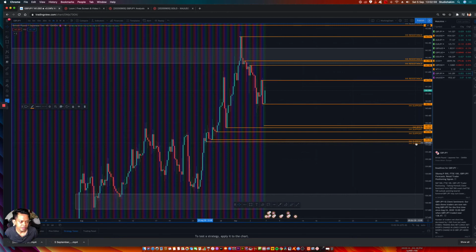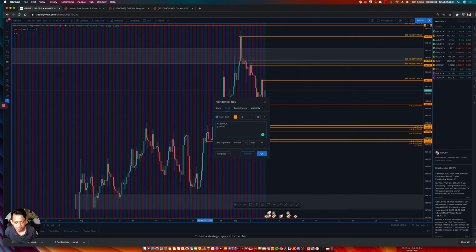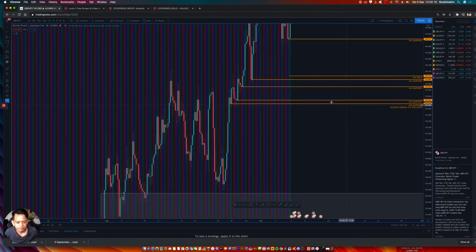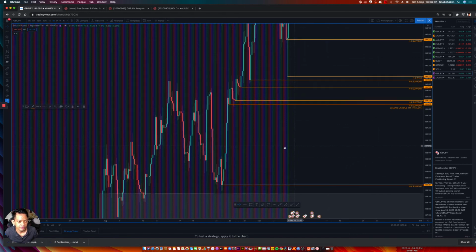Here, because looking left, there's clean candles, so always planning areas where it presents itself, and if it breaks, it's going to go down to this level.